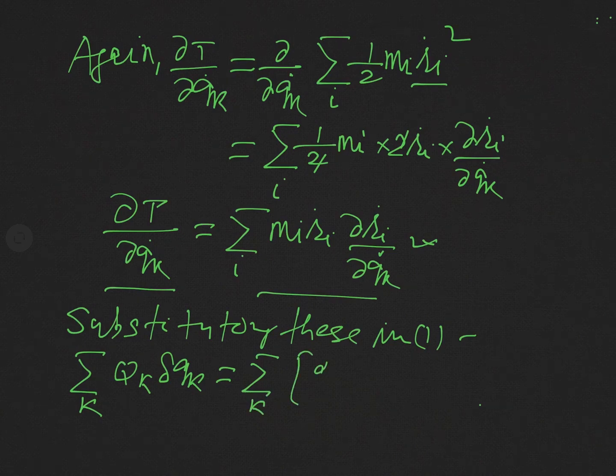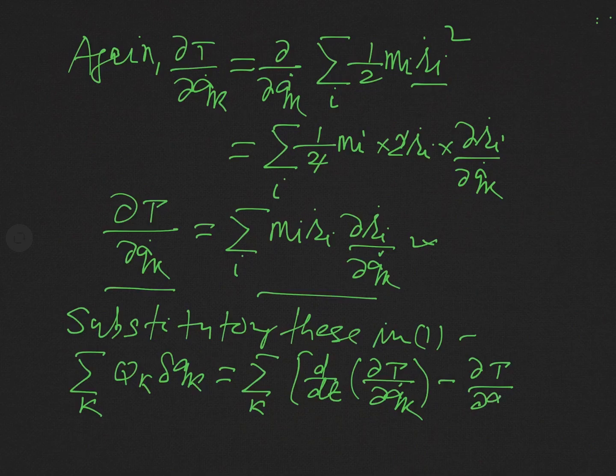summation over k, d dt of del T by del Qk dot, minus del T by del Qk, delta qk. See this equation.